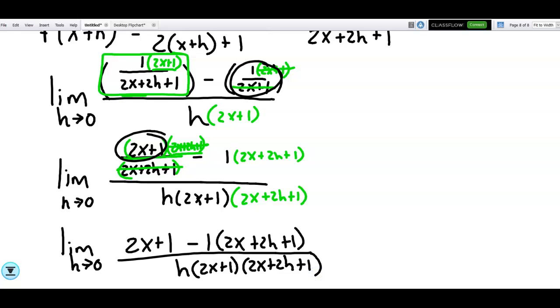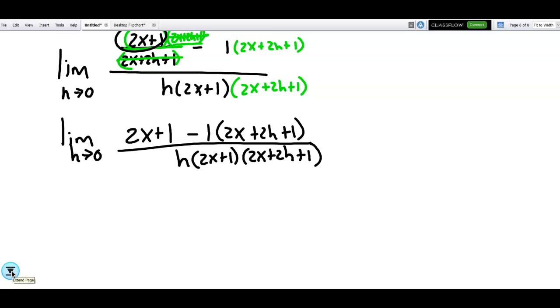All right. So that's the first thing you need to do: multiply everything by the little denominators to simplify everything. All right. Next, we're going to need to distribute this -1 here.